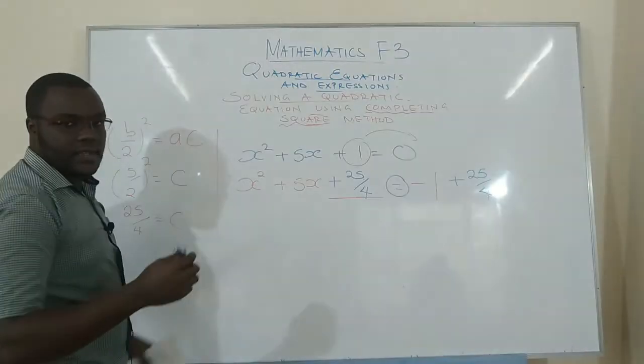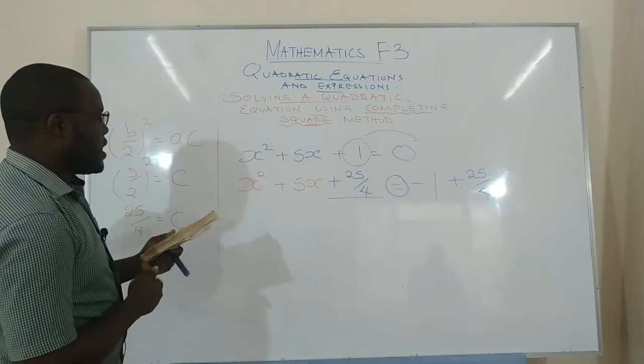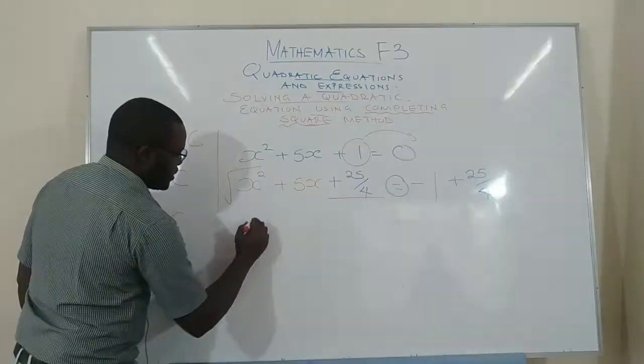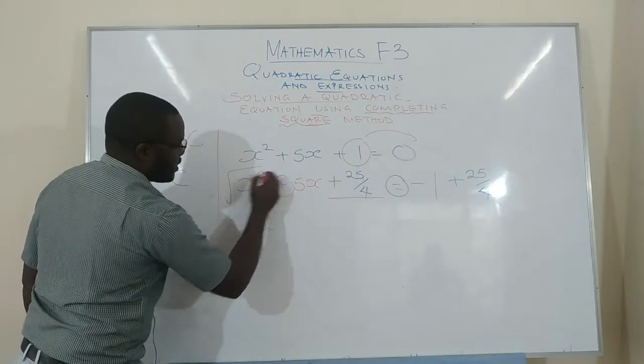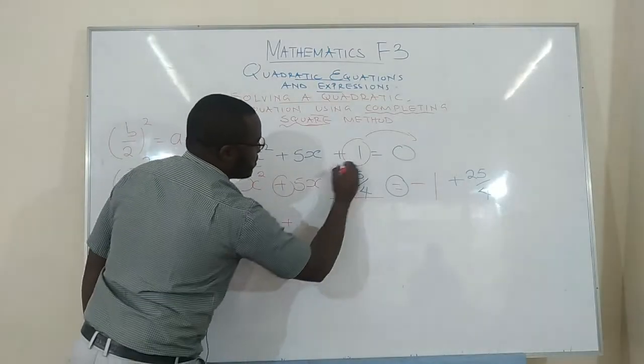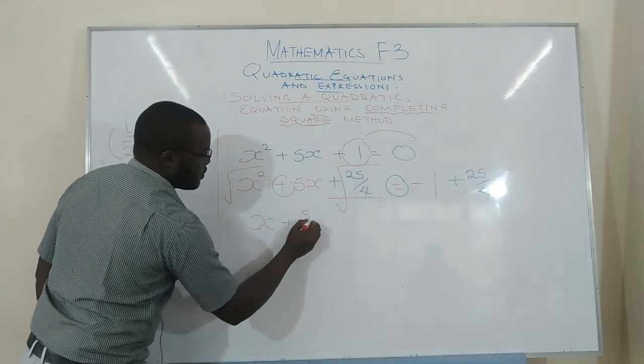From there, I had given you a shortcut of solving a perfect square quadratic. We say that you square root the first part, which we want to factorize, which is x. Take the sign of b, which is plus, and the square root of the last number, which is 25 over 4, so 5 over 2.